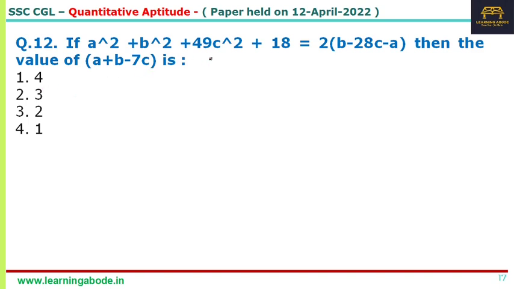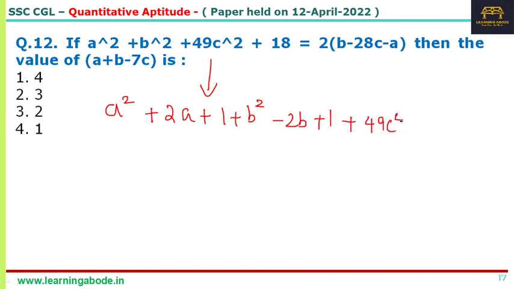Bringing the right hand side to the left hand side and splitting up conveniently, you will get a square plus 2a plus 1 plus b square minus 2b plus 1 plus 49c square plus 56c plus 16 equal to 0.